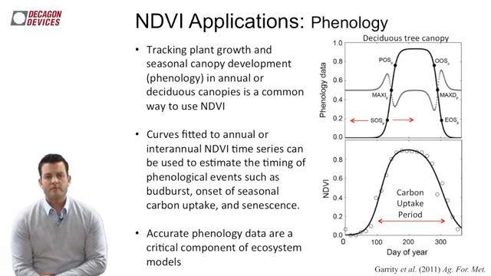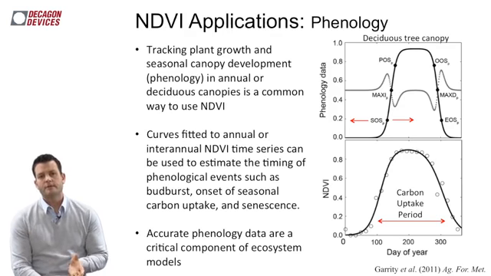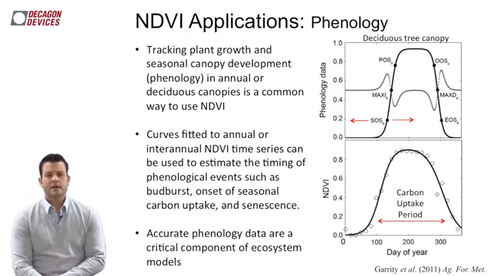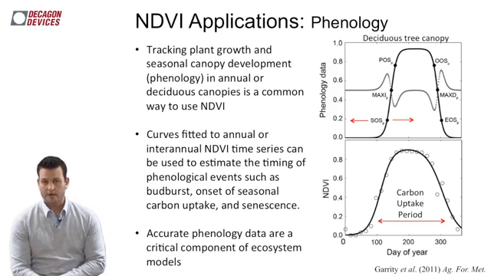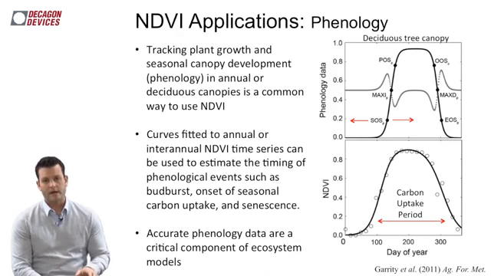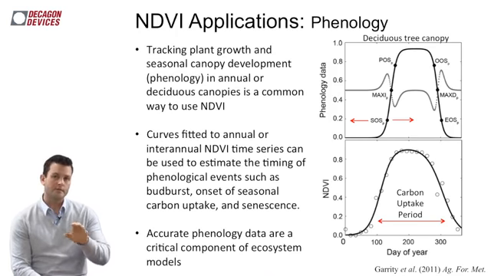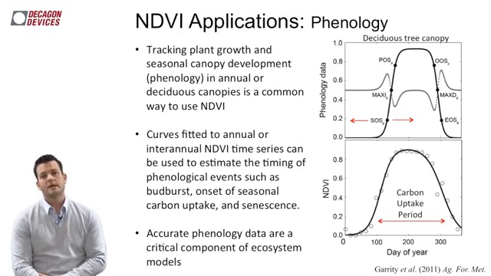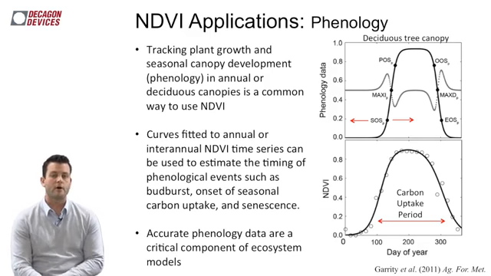So in the example that I've presented, you can imagine that we have a time series of NDVI data, and then we're fitting a curve to that time series. You can see it has a fairly regular pattern where during the winter time there's not a lot of leaf area, so NDVI is low. Then as we enter the spring, NDVI increases as LAI increases, and it peaks towards the middle of the growing season. And then in the fall, we get senescence and leaf drop, causing NDVI to fall.